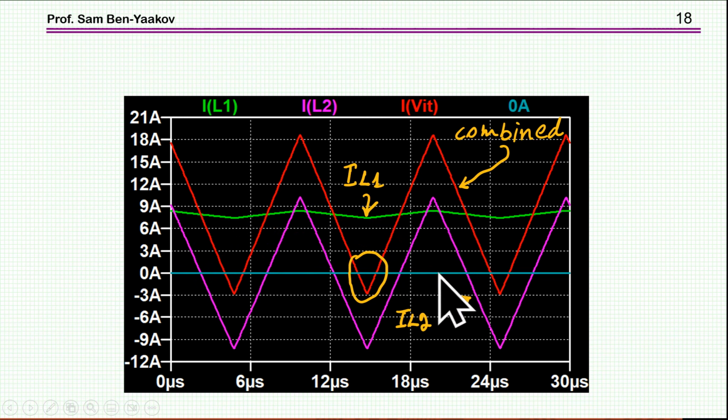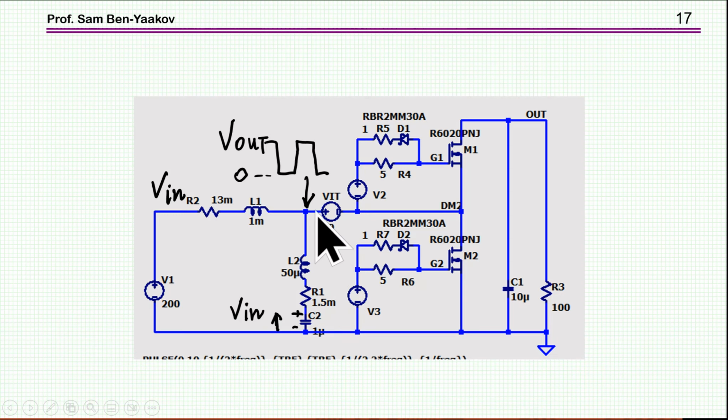Here we have the ripple of the smaller inductor, and then at this point we combine the two, so this point now sees the ripple plus the DC.